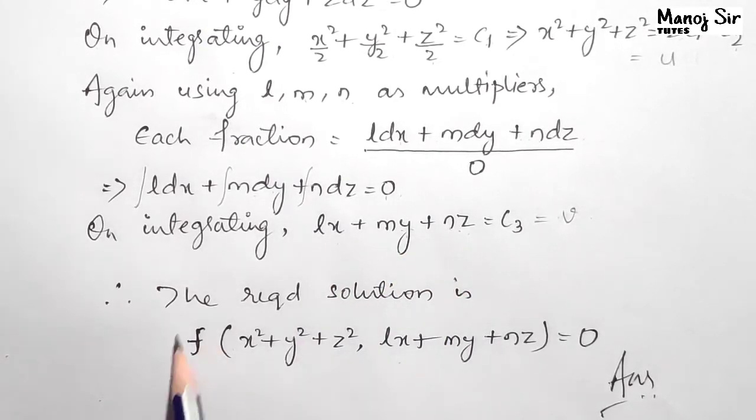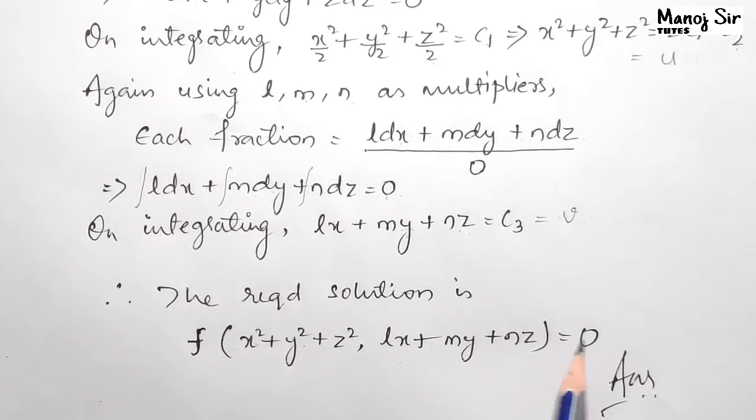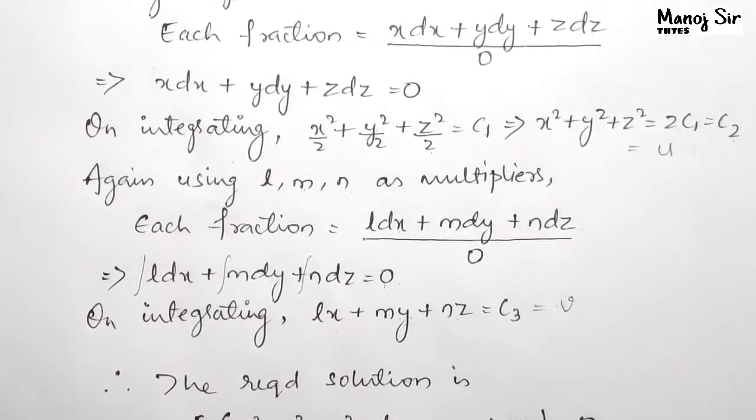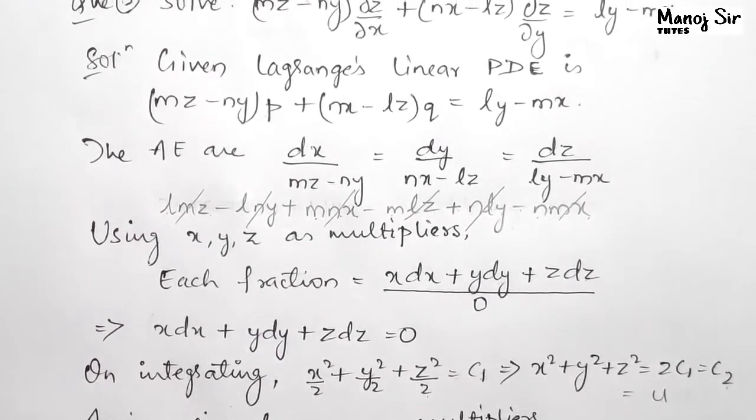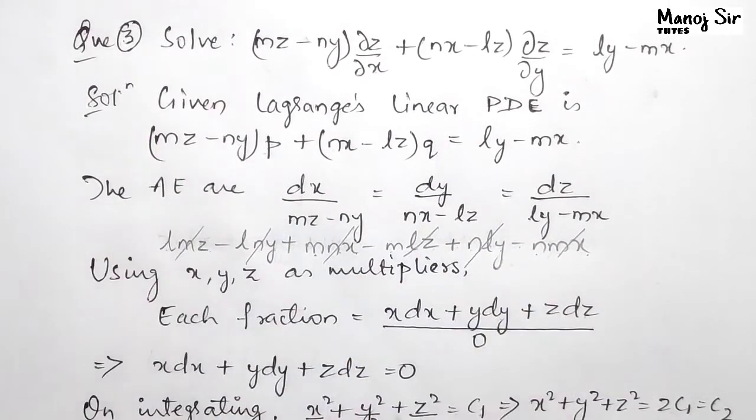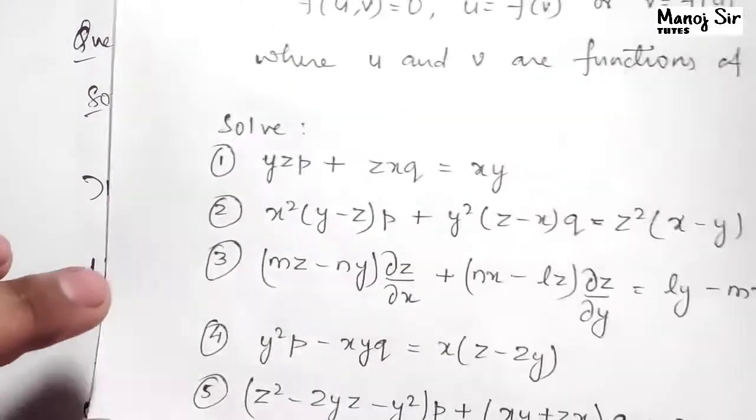Okay, where f is what? F is an arbitrary function. So f of u comma v equals 0 is the required solution for this equation, which is this. Yes, this equation. Now this is the required solution, that is it.